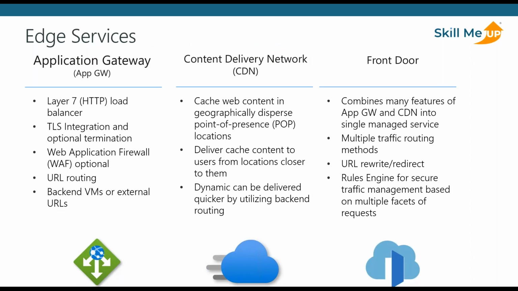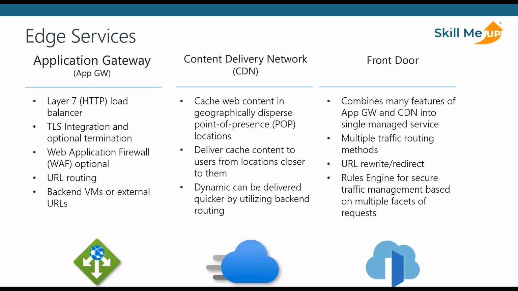Then, just to give an idea of where things have evolved from, there's a lot of edge services in Azure that deal around the internet and Azure services. These are the three common ones that would be involved. You have your application gateway that's providing your HTTP layer 7 load balancing, as well as routing. It's also doing TLS security and has the ability to do web application firewall.